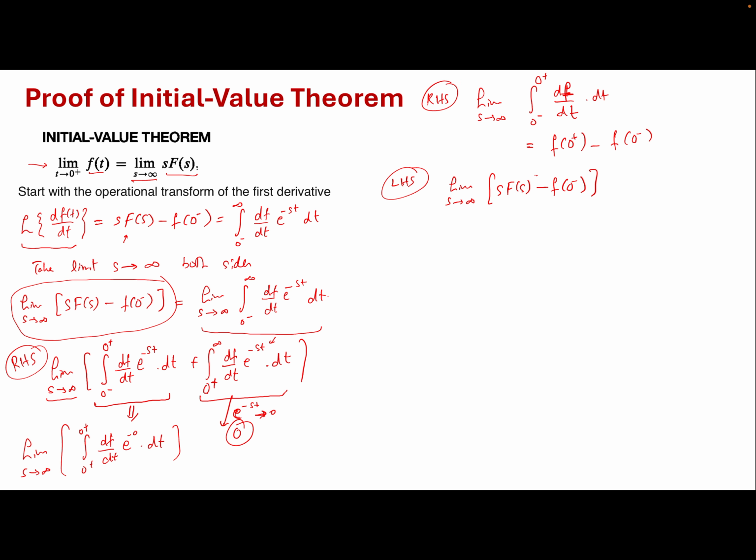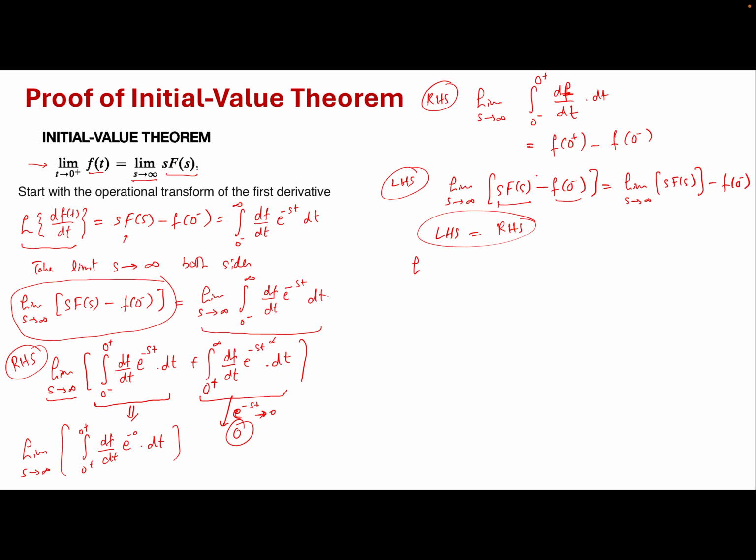Again, this has F(s) with an s multiple, but f(0-) is a constant, so I can take this outside the limit and rewrite this as the limit as s approaches infinity of sF(s) minus f(0-). Now I'm going to equate the left hand side with the right hand side.